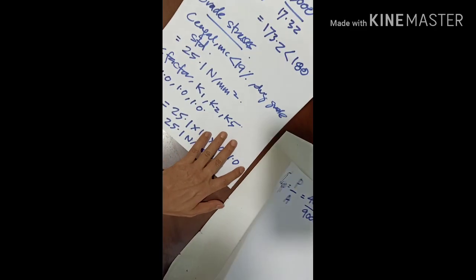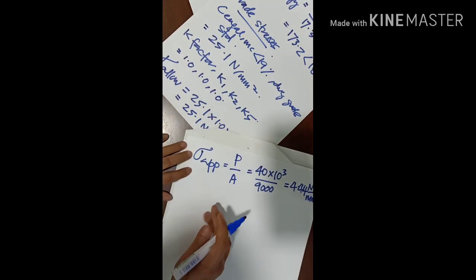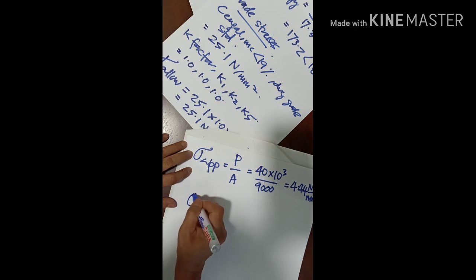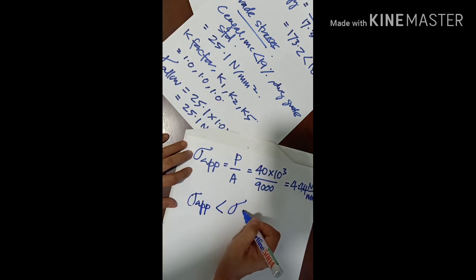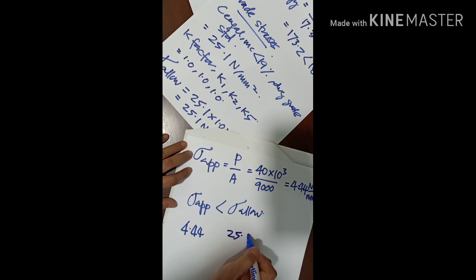By comparing with the stress allowed that we calculated before, we can find that the stress applied is less than the stress allowed, because the stress applied is only 4.44, while the stress allowed is about 25.1.